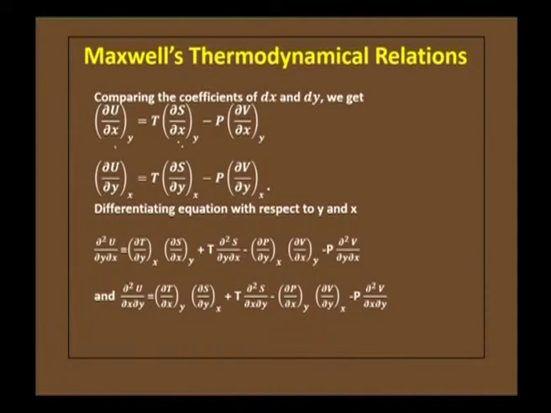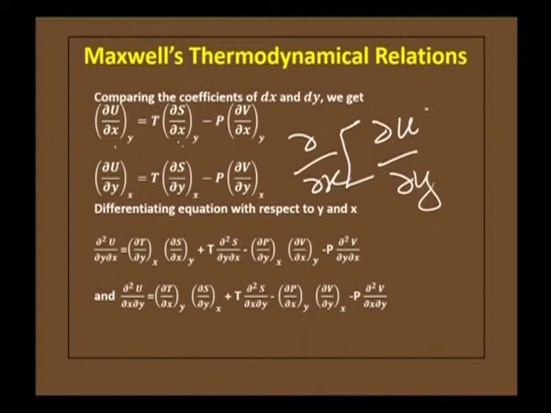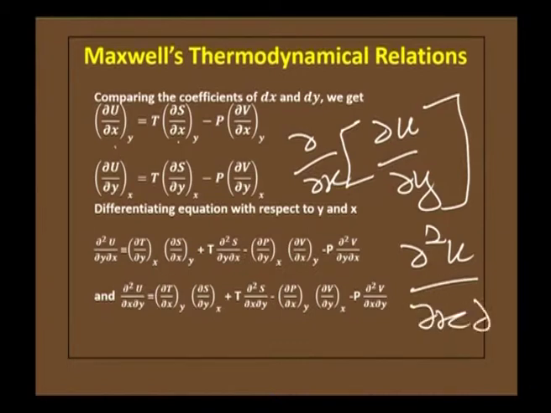So, differentiating this term once again with respect to x, I can write ∂/∂x of ∂u/∂y, which is nothing but ∂²u/∂x∂y. So, this is the left hand side of this equation, ∂²u/∂x∂y.